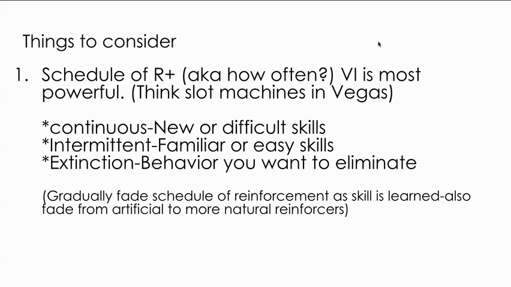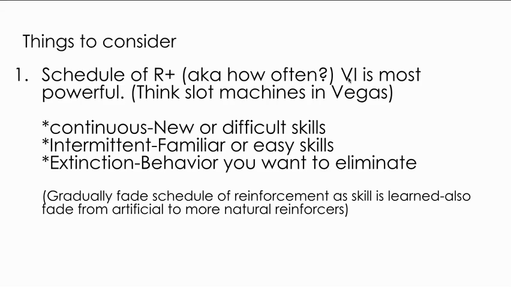So, after you've taken some time to fill out some ideas for reinforcers, I want you to consider a few things about reinforcement. One thing is the schedule of reinforcement, also known as how often you're going to be reinforcing the student. VI stands for variable interval.